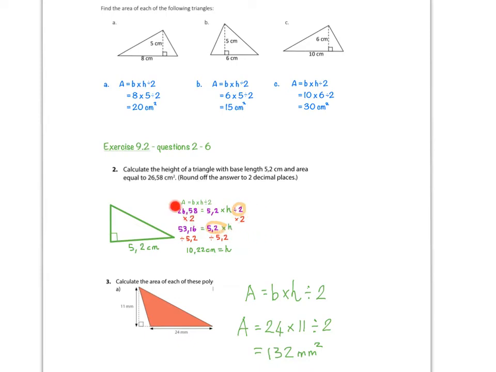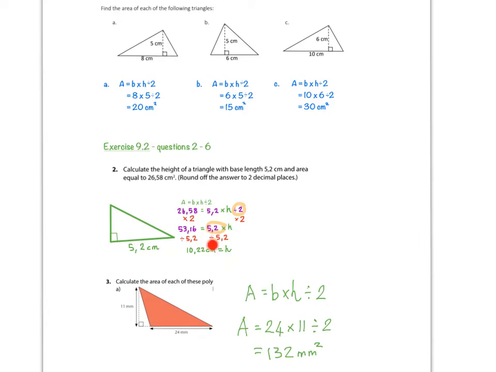If you do this to this side, then you must do it to this side, because it's a bit like a seesaw. You've got to keep it balanced. So we times this side by 2, and we times that side by 2. On your calculator, it will give you 53.16. So we've got rid of the divide by 2, but we still have 5.2 times h. We only want to know what the height is. To undo a times by 5.2, we should then divide by 5.2.